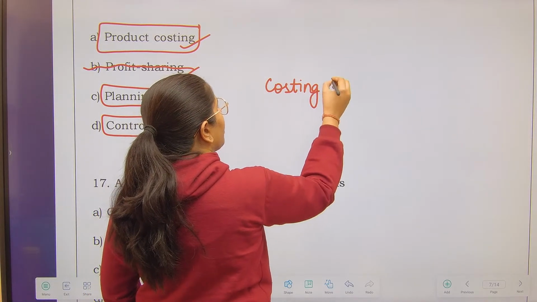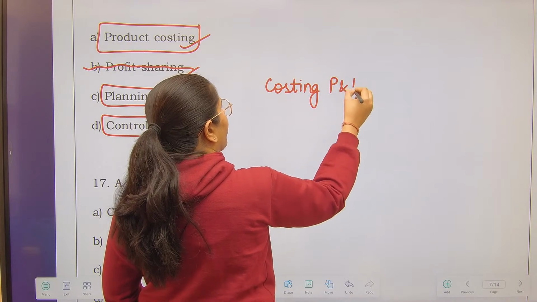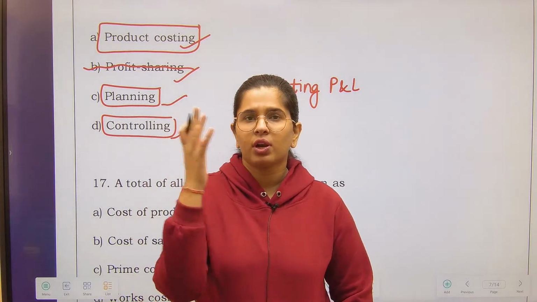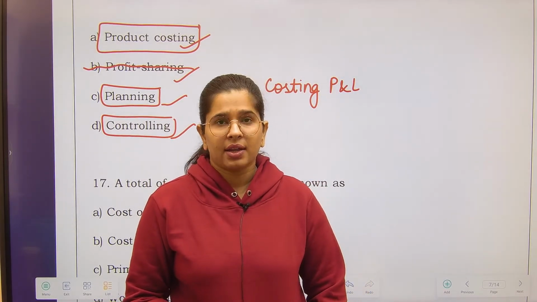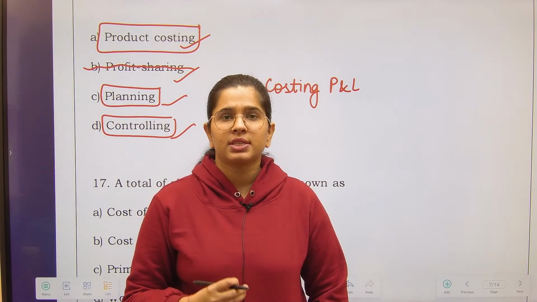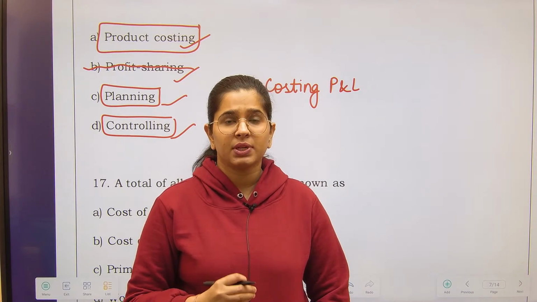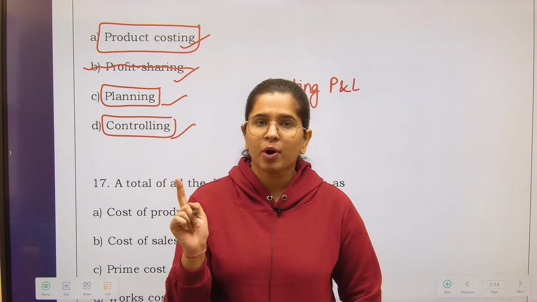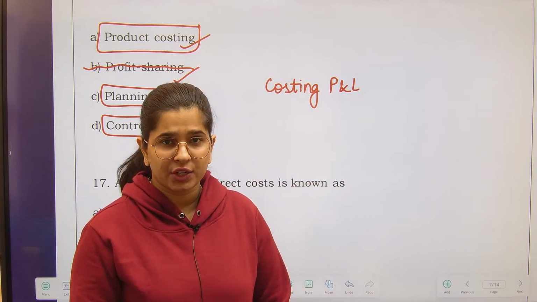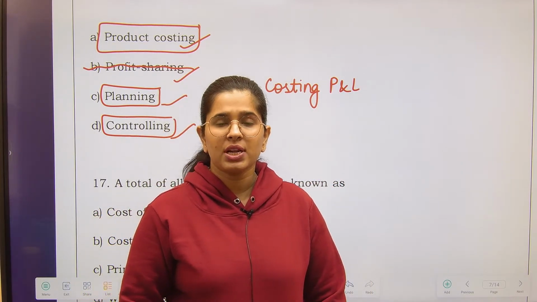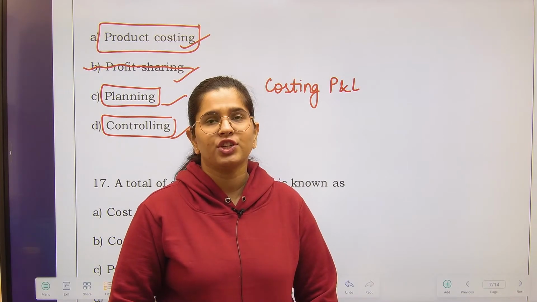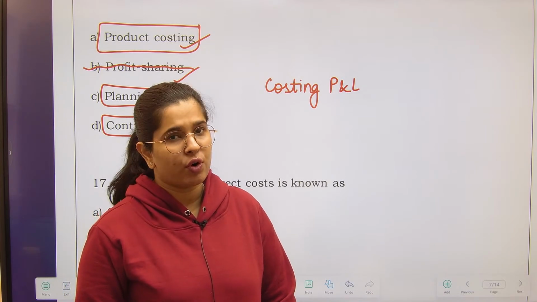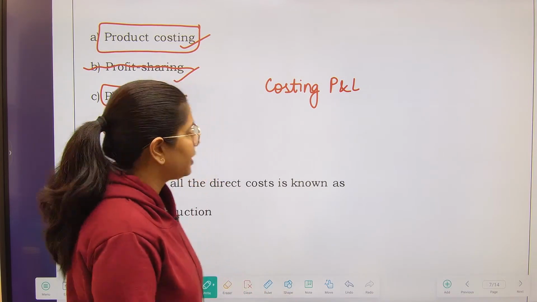And what we identify in this costing P&L is what all are the costs, what all are the revenues. But we never talk about distributing this particular amount among the different stakeholders. We never talk about appropriation or the distribution among different stakeholders for the share of profit. So profit sharing is not the purview of your cost accounting.